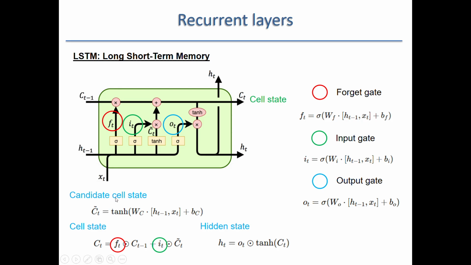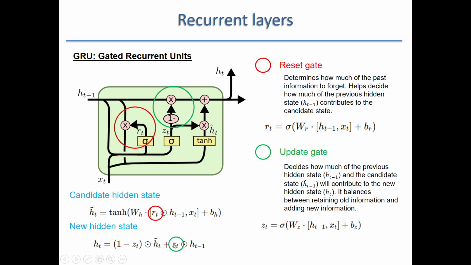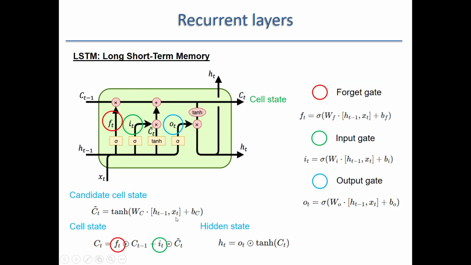So you have a candidate cell state, and with it you update your cell state as we did before, but now these two are independent. Before they were coupled, so this is z_t, this is 1 minus z_t. Now you are free to learn two different functions, and then you update your hidden state with your output and your cell state.